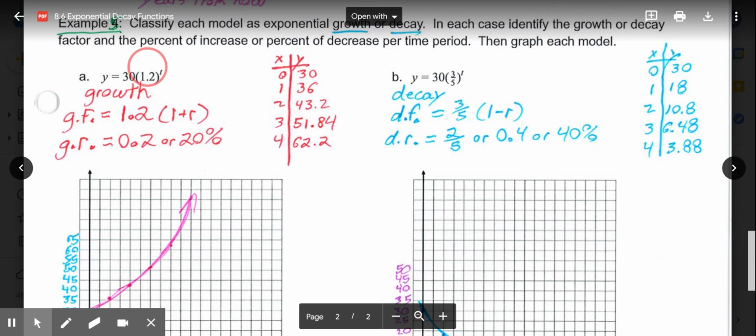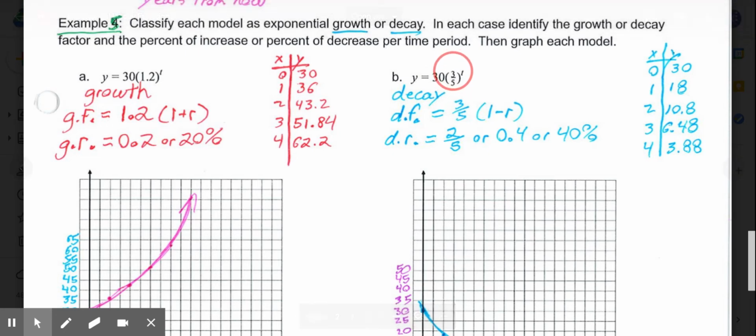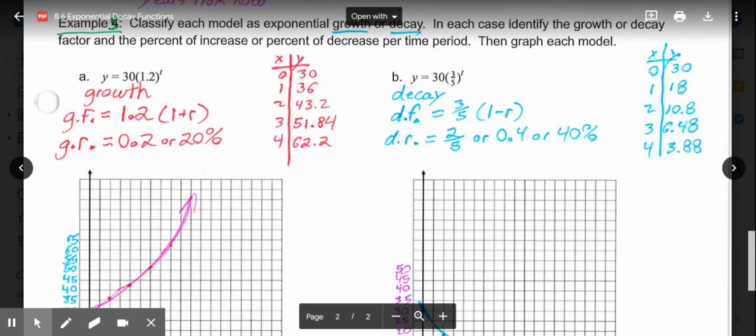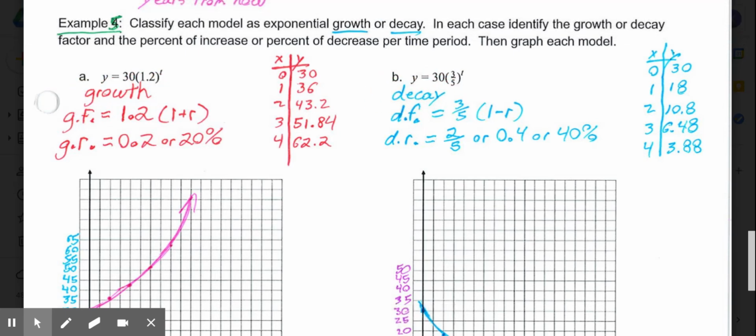If the value inside our parentheses is greater than 1, we have growth. If it's less than 1, such as 3/5, which is 0.6, we would have decay. So that's how we tell that part.